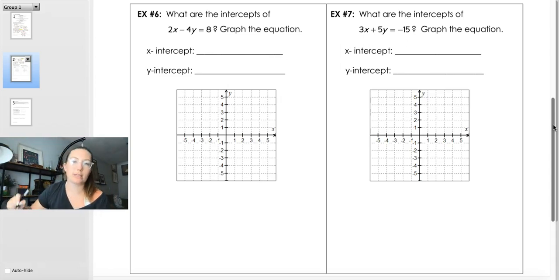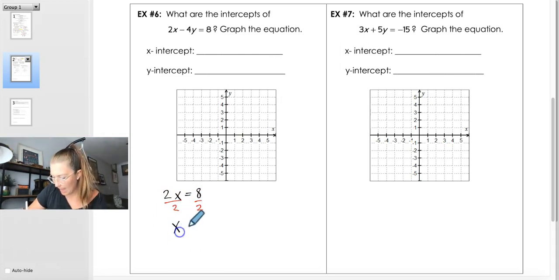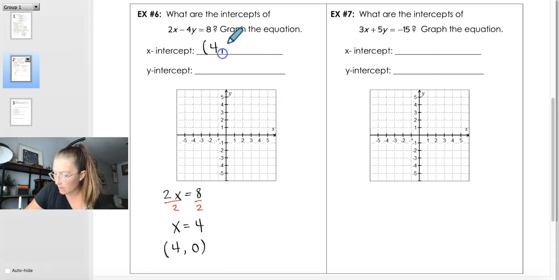Alright, so x-intercept, I'm going to cover up that negative 4y. So if I cover up that negative 4y, then I just have 2x equals 8. And then we solve this. So to solve this, I'm going to divide by 2. So I get x equals 4. This is a point, so the x value is positive 4, the y value is 0. So my x-intercept is 4, 0.